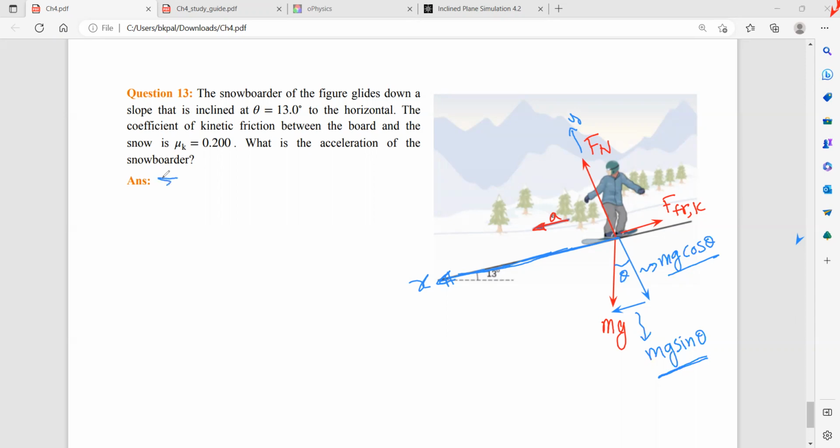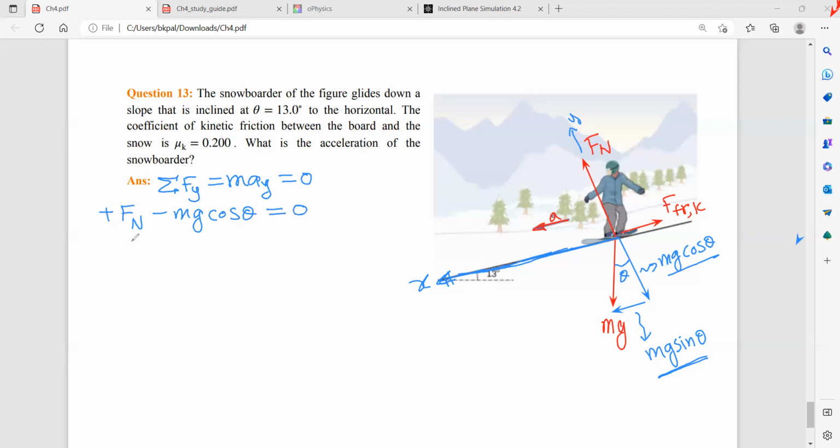So first let's use the y equation. Fy equals may. You know that there is no acceleration along the y-axis. The person is moving along the x-axis, right? So the right-hand side will be 0, so Fy equals 0. But what we have in the y-axis, we have positive Fn and negative mg cosine theta, which is equal to 0.